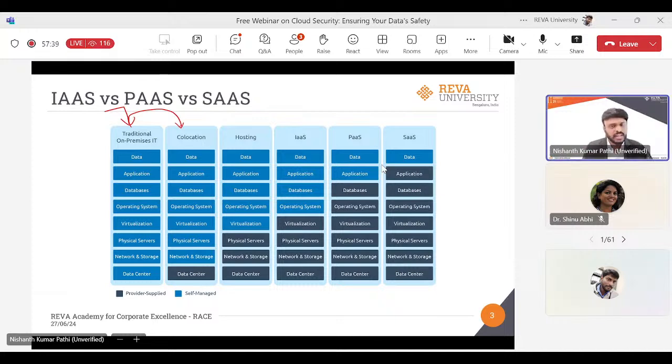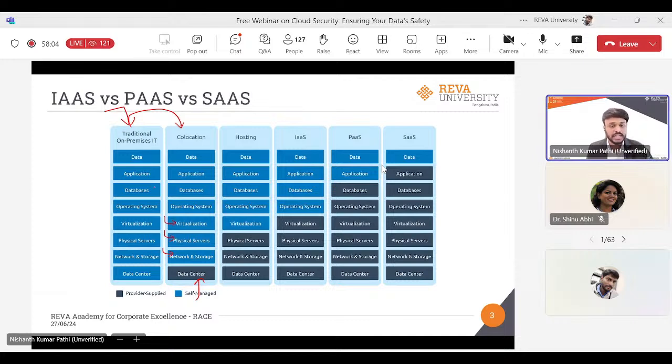The colocation model is typically used by companies that want a BCDR infrastructure, where you have a business continuity and disaster recovery infrastructure. They don't want to pay high costs on real estate, so the data center is leased from a third party, and then they put up their own network devices and physical servers.